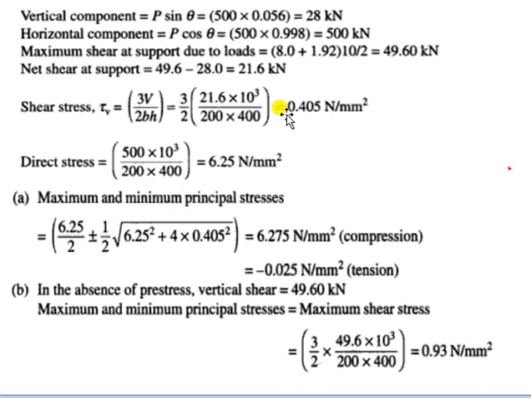Now coming to the first condition, the maximum and minimum principal tension when pre-stressing is done, that is, when the cable is subjected to pre-stressing. We know the formula: f of x plus f of y by 2, plus or minus half the square root of f of x minus f of y whole square plus 4 tau v square.